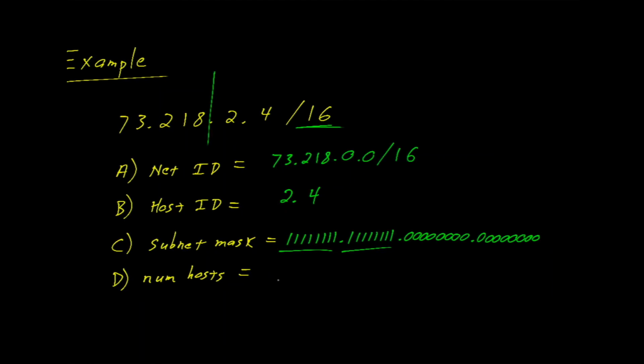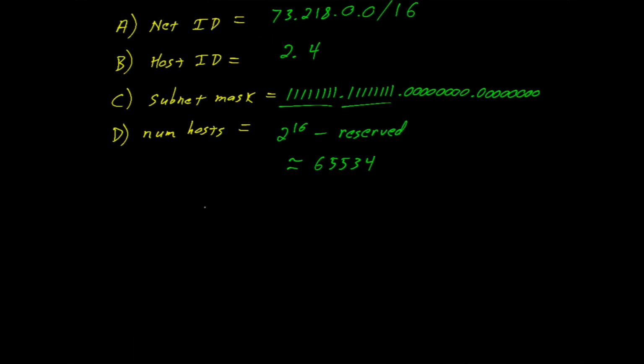The number of unique hosts is 2 to the 16th minus the reserved numbers, which gives us approximately 65534, assuming the lowest number and the highest number are reserved. We should at least acknowledge that there are other ways to split the network. In this video, we looked at a /24 network, which yielded about 254 unique hosts.